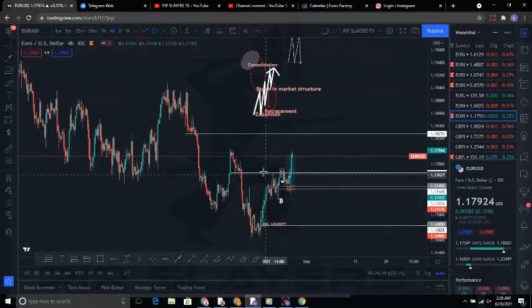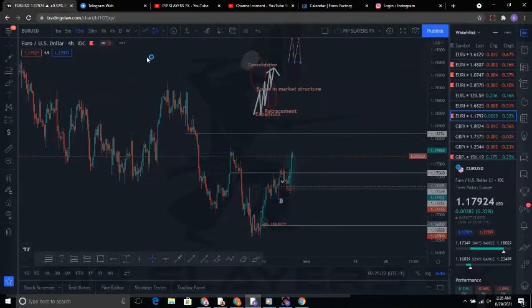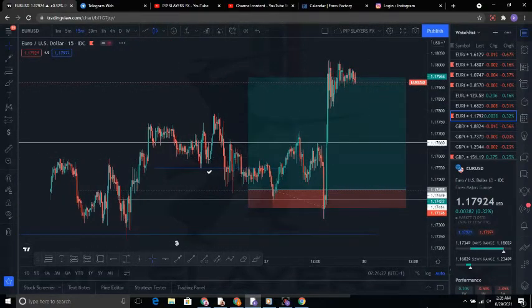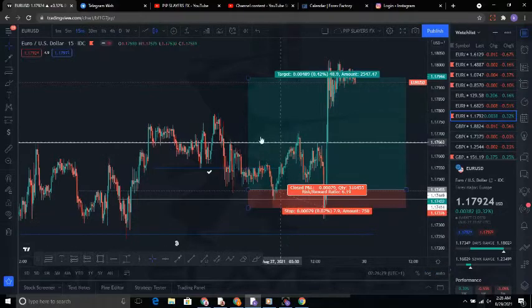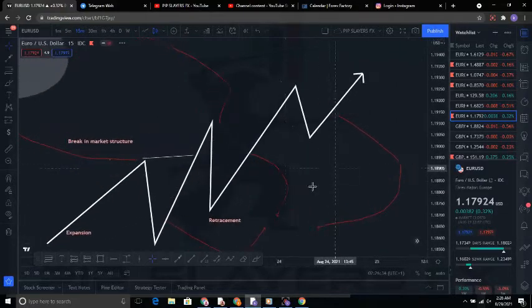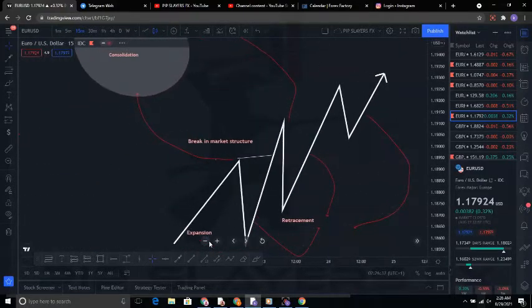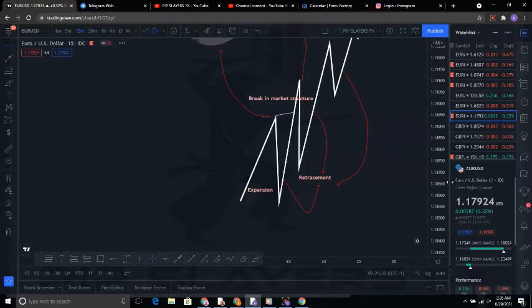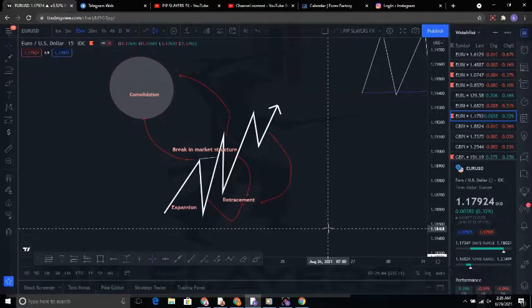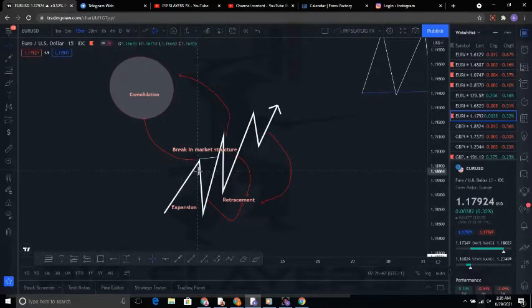Digging down, we got an expansion, which always comes with an impulsive move, and it is full of imbalances.